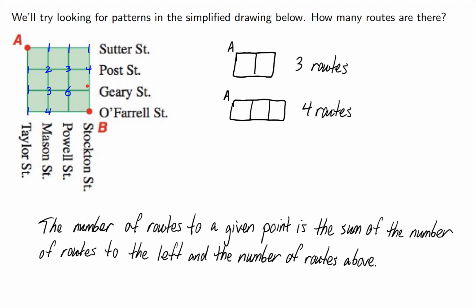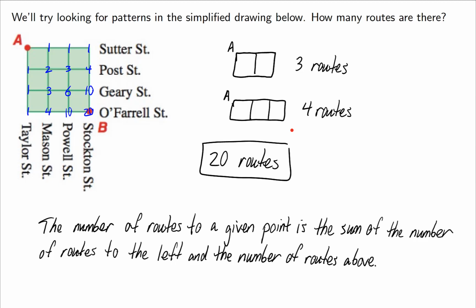That gives me 10 routes, 6 plus 4. Right here, there's 4 routes to the left and 6 routes above. So again, 4 plus 6 is 10. And then finally, for this point, there's 10 routes to the left and 10 routes above. That gives me my final answer that there are actually 20 routes in order to get from point A to point B on this map.